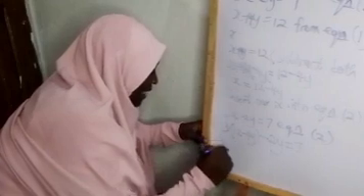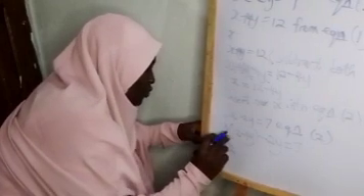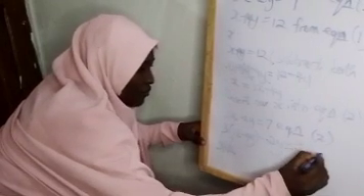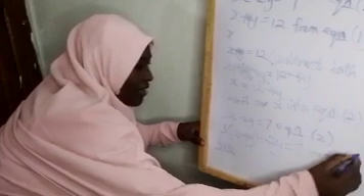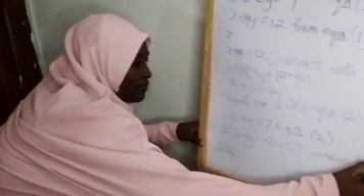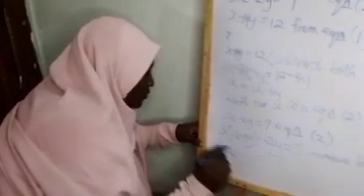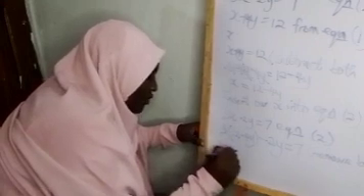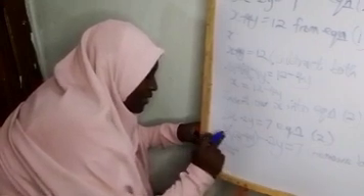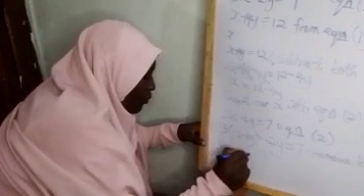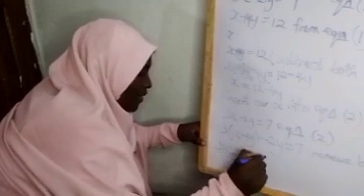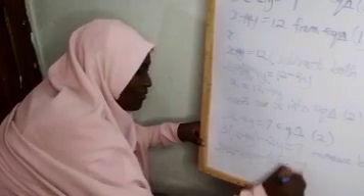So we have 3 times 12 minus, we only have one minus there, 3 times 4y, minus 2y equals 7.